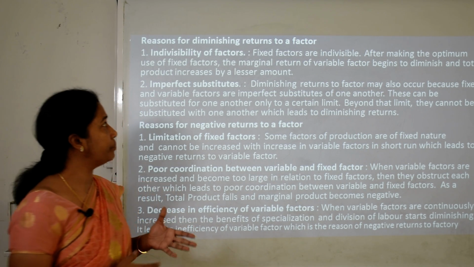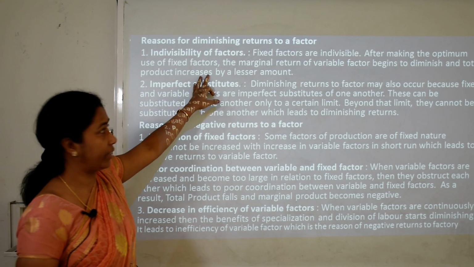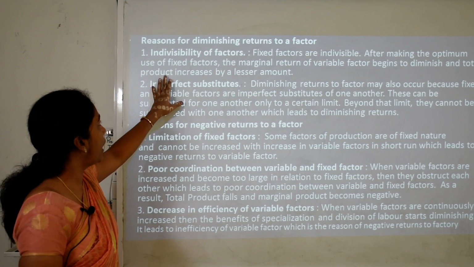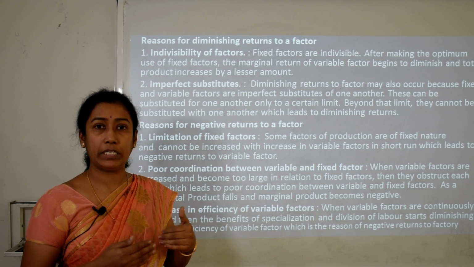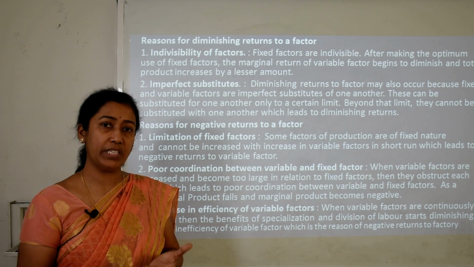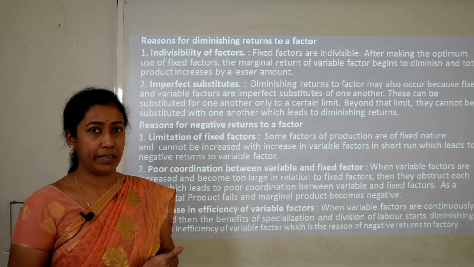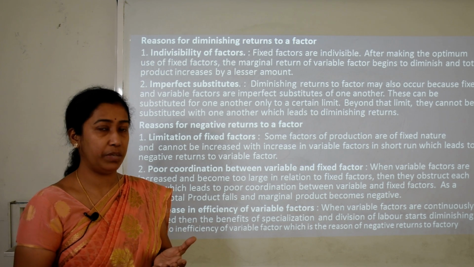After making the optimum use of the fixed factor, that is land, the marginal returns of the variable factor begin to diminish and total product increases by a lesser amount. That is, marginal product is declining because on a fixed piece of land, which we cannot change or divide, we are increasing the labor on that same piece of land.